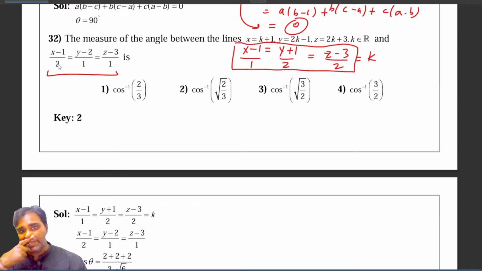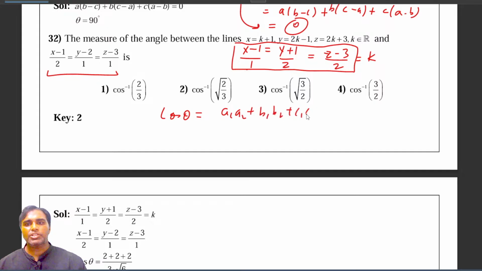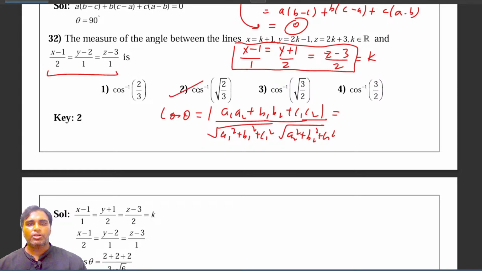So what is the angle? So cos theta, we know that it is a1 a2 plus b1 b2 plus c1 c2 divided by root over a1 square plus b1 square plus c1 square, times root over a2 square plus b2 square plus c2 square. So if we try to find this, we'll get the answer as option B. Calculation you will do.